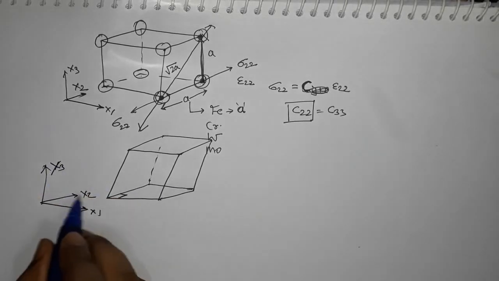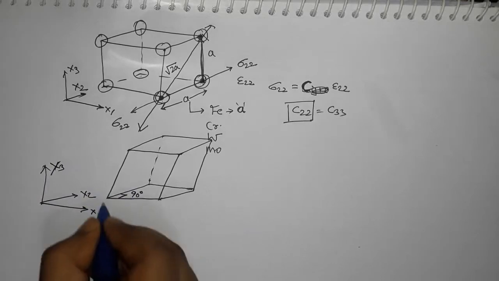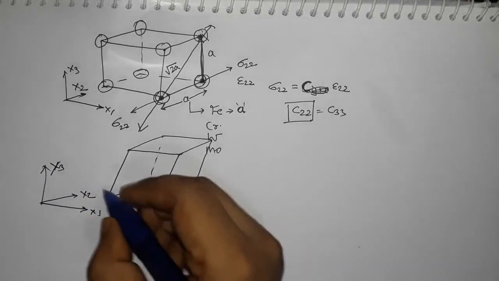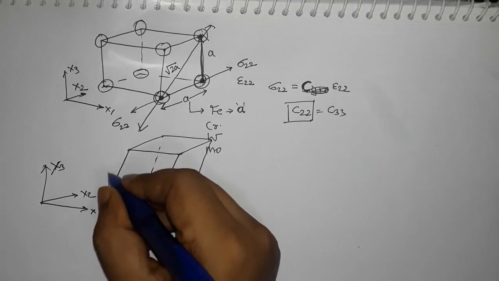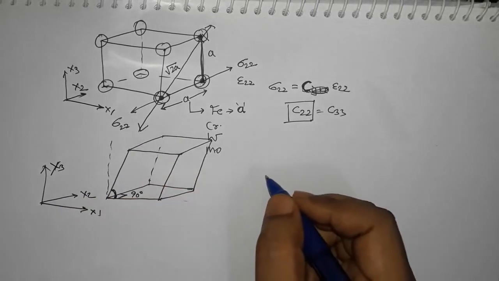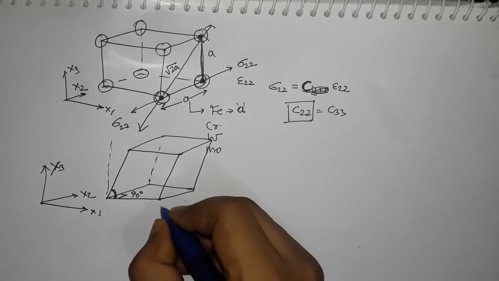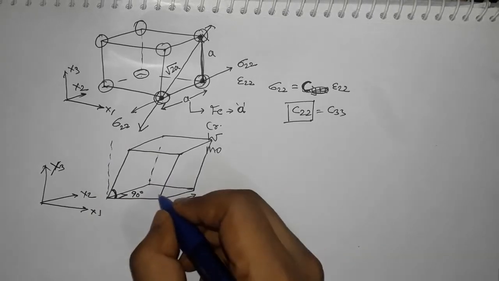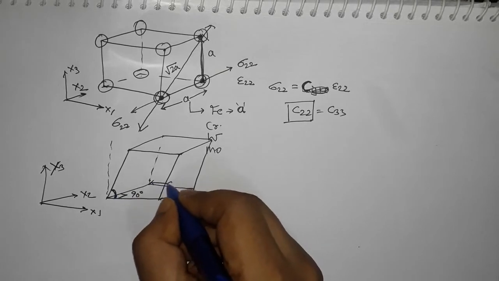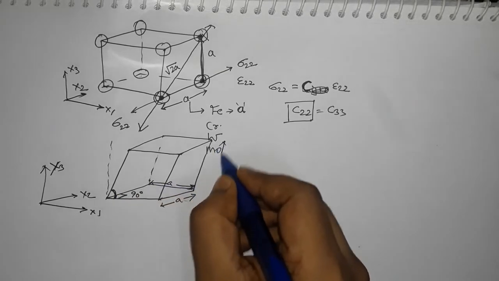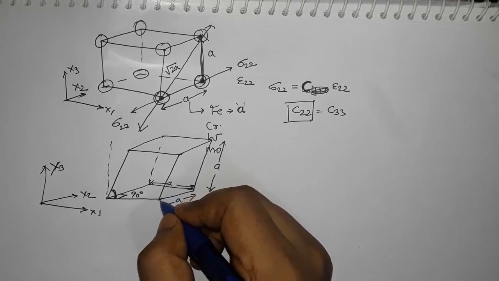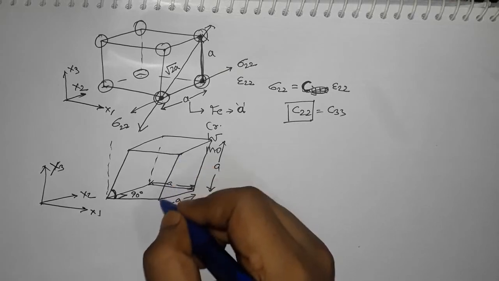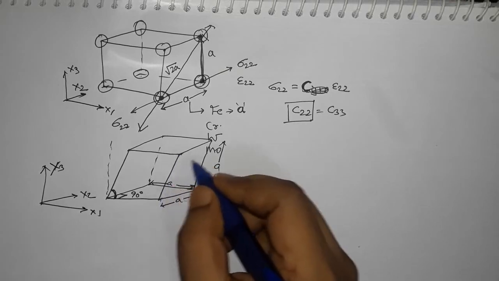On x1 x2 this is 90 degrees, so here it is orthogonal, but on the x3 direction it has a tilt, it's not 90 degrees, so 90 will be like this, but it has a tilt. So this is a, and this is also a, right, and this is also a, but because of the tilt the stress applied here will not be a normal stress, it will be a shear stress, right?